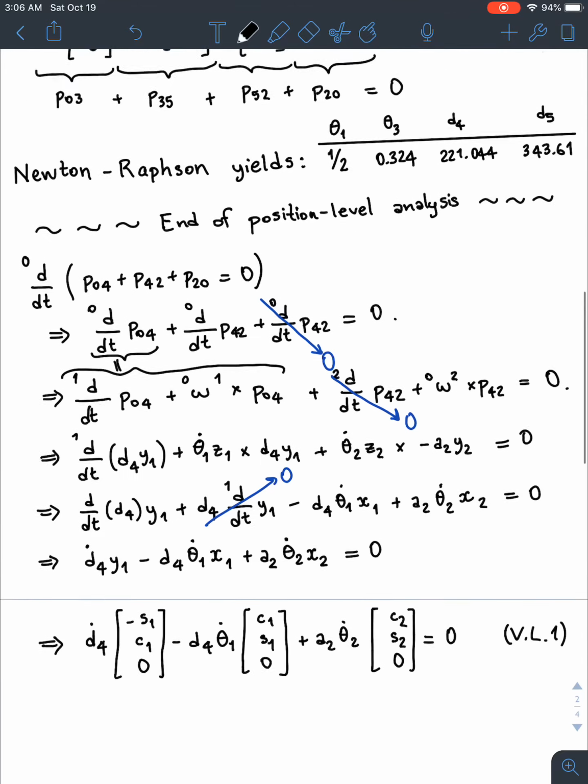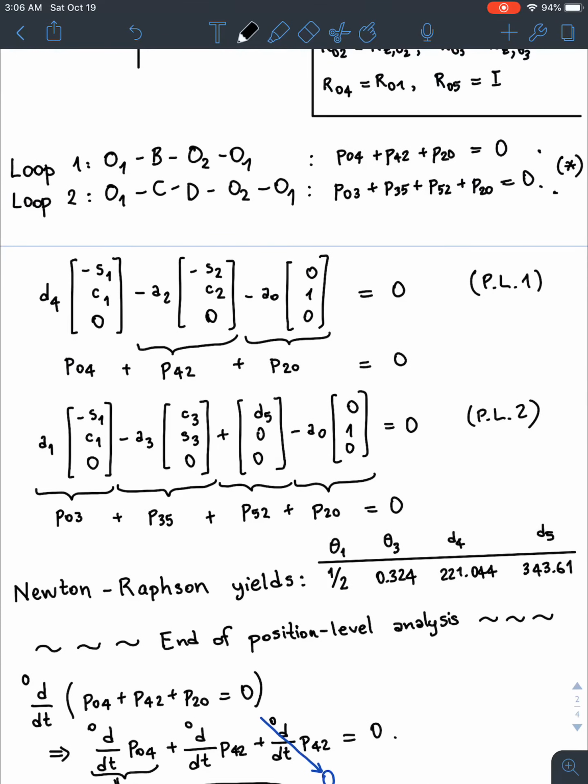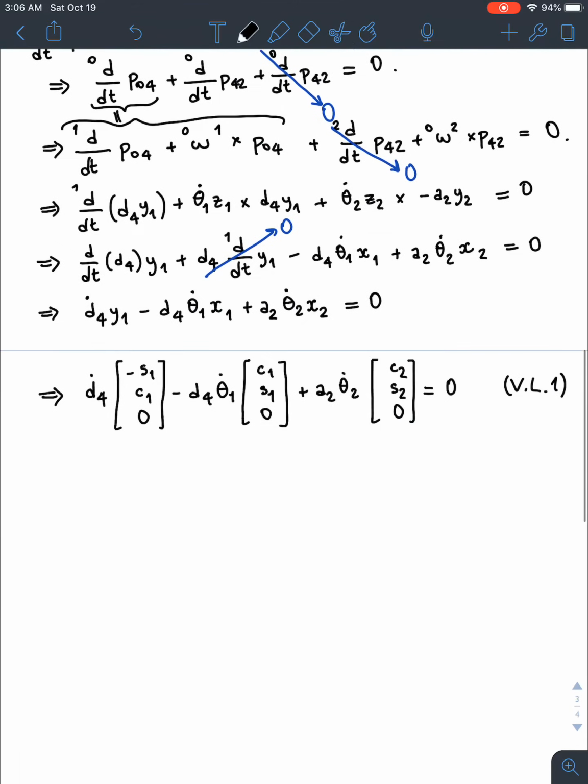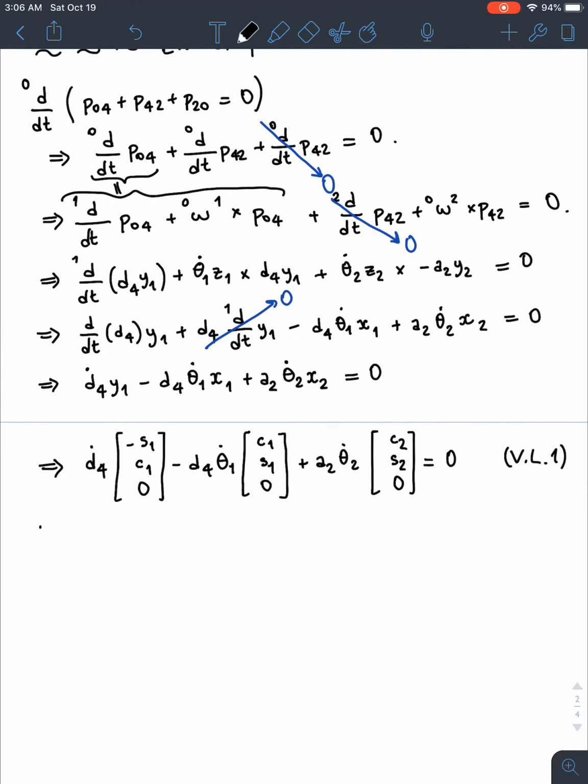That's it. Now let's go back to our star equations and take the derivative of the second loop equation, loop 2. How do we proceed? We have d dt of p03 plus p35 plus p52 plus p20 equals 0.